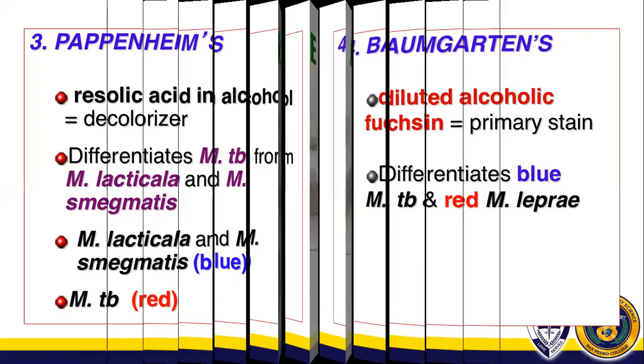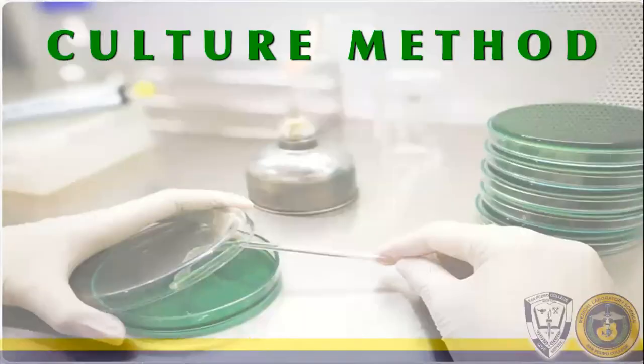Now moving on to the culture method. This is the method of identification that follows microscopic technique. In this method, we inoculate or plant our organisms on artificial culture media to observe their growth and colonial characteristics to further identify the organisms.